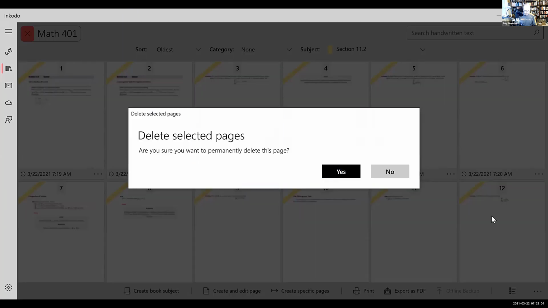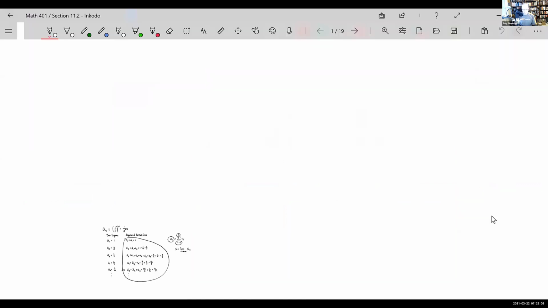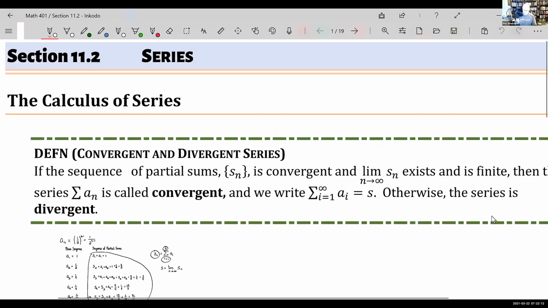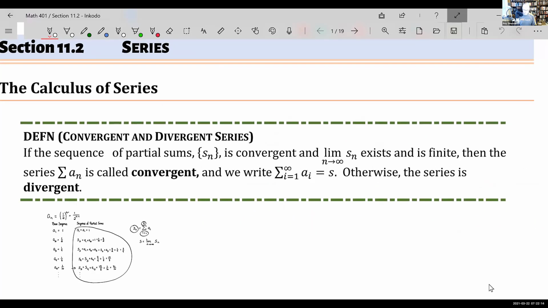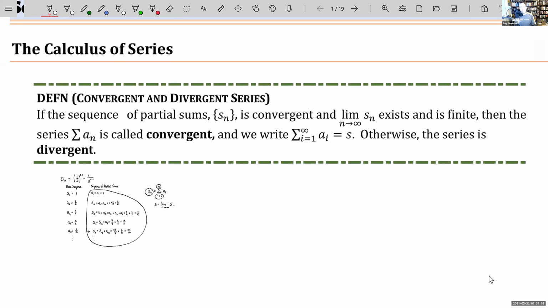All right. So where we left off, which was really at the beginning of it, is this definition right here. Let me get this large-ish. And that's the definition of convergent and divergent series.